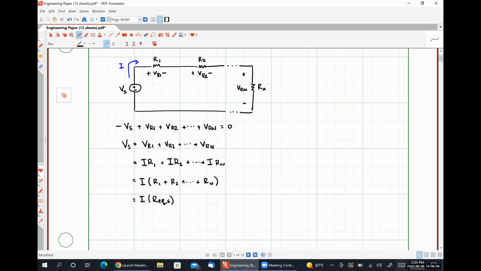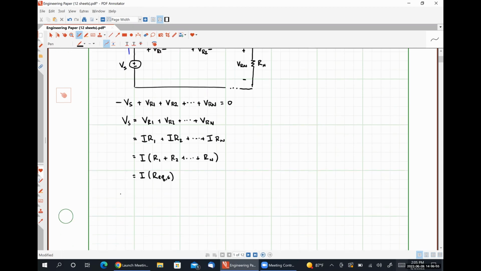If I divided both sides of my equation by I, so that I have the ratio of V over I, that is simply the equivalent resistance that the voltage source sees, where Req,S is simply R1 plus R2 plus all of the resistors out to R sub n.